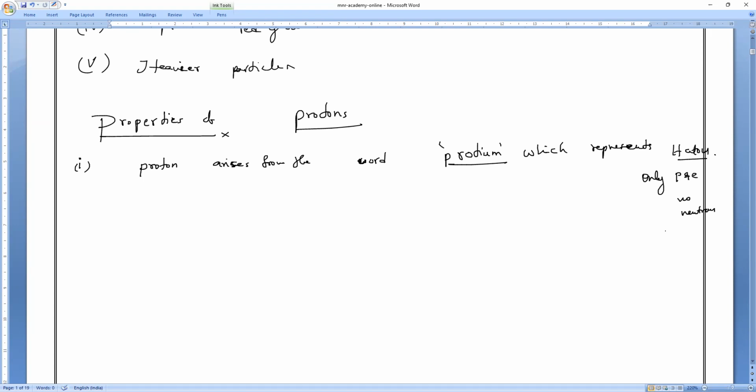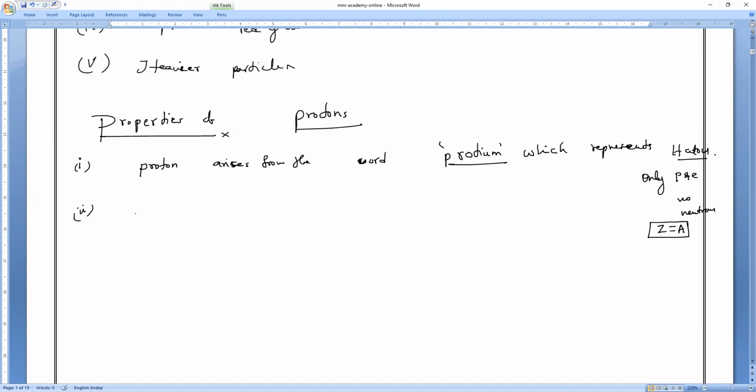And that is the reason it is the only element whose atomic number equals its mass number. Am I right or wrong? Yesterday also I told you. Clear? So that is the reason it is called protium. We will study this chapter again. Isotopes will come, by that time we will study that.